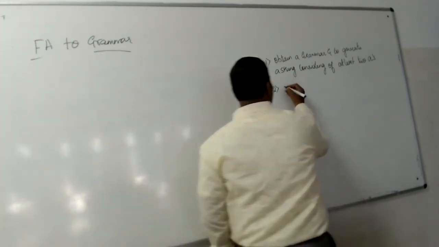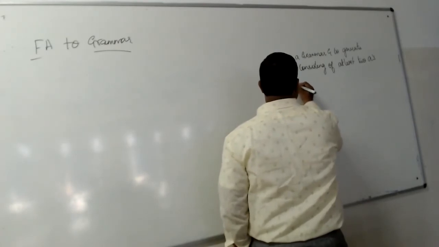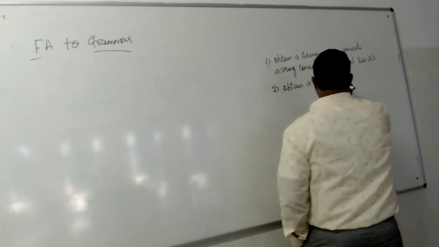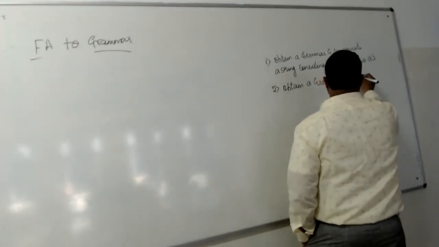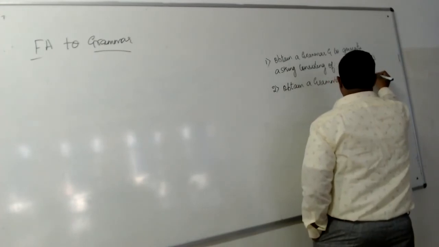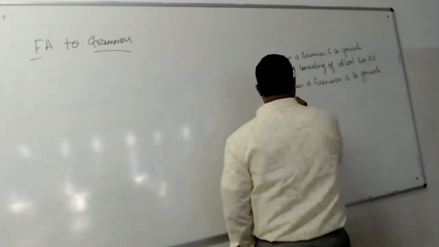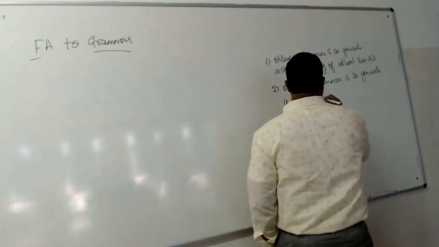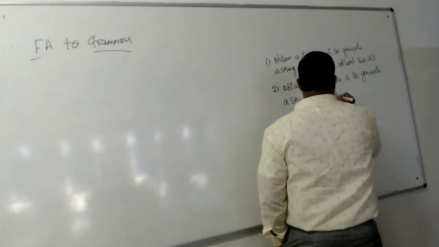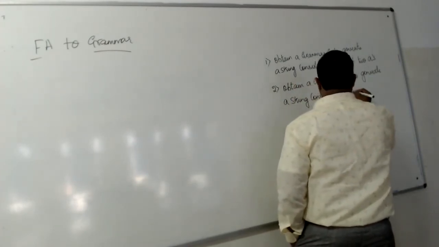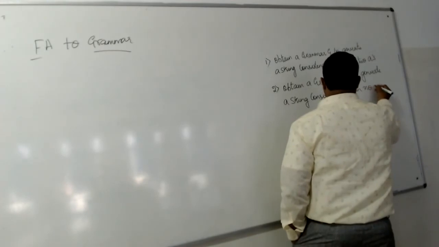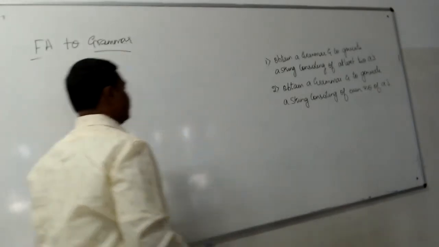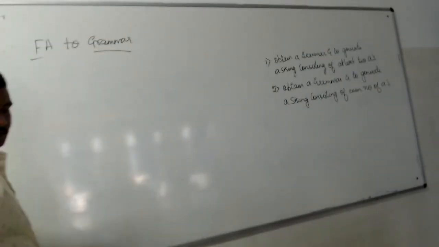So obtain a grammar G to generate a string consisting of even number of A's. Even number of A's. Okay? Fine.